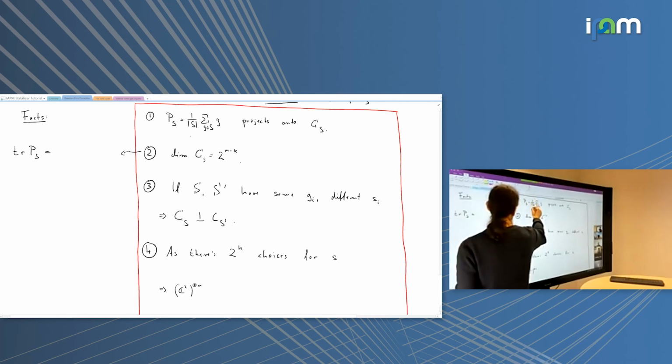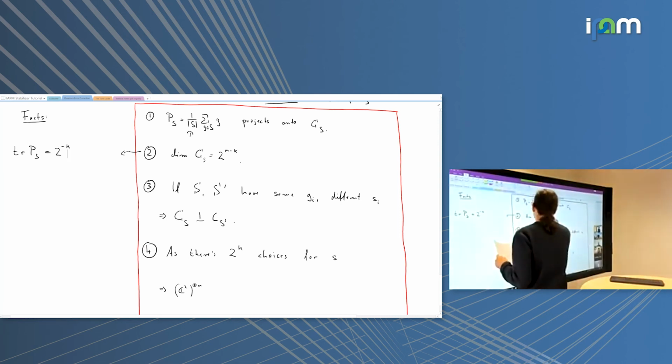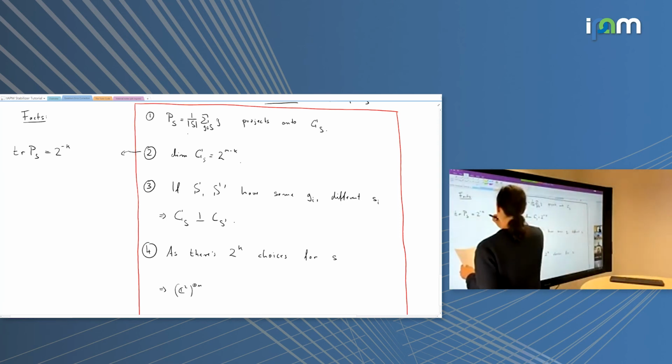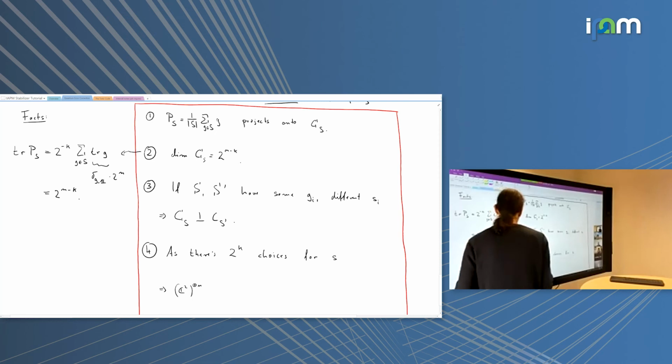It's 1 over the cardinality of S, which is just 2 to the minus k by definition of a stabilizer group. Now we have the sum over all elements in the stabilizer group of the trace of the element. But we've seen before that this is 0 unless G is the identity, in which case we get 2 to the n. So that is delta G identity times 2 to the n. And so we get 2 to the n minus k as claimed. So that was easy.